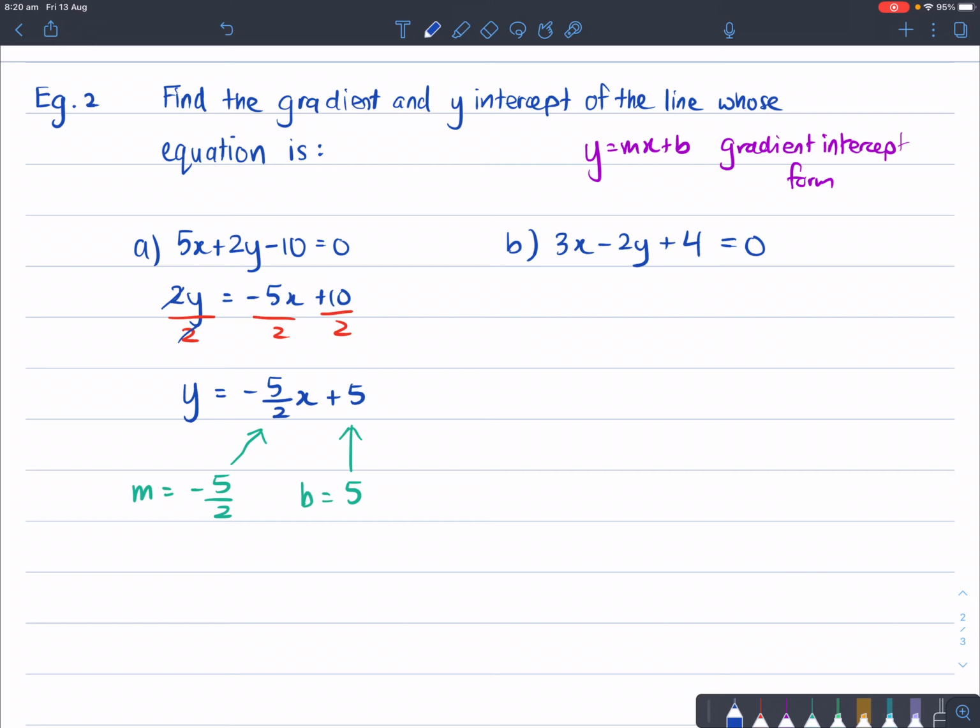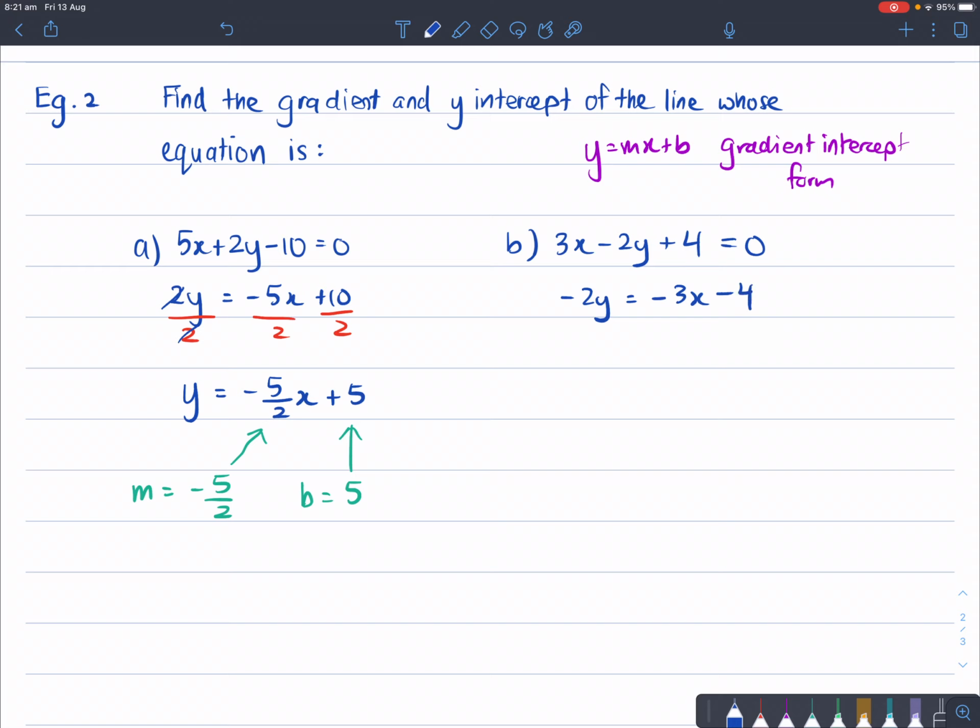We have to move our other terms to the other side. So instead of negative 2y, we'll move 3x to the other side, and that becomes negative 3x. When a positive 4 moves to the other side, it becomes negative 4.